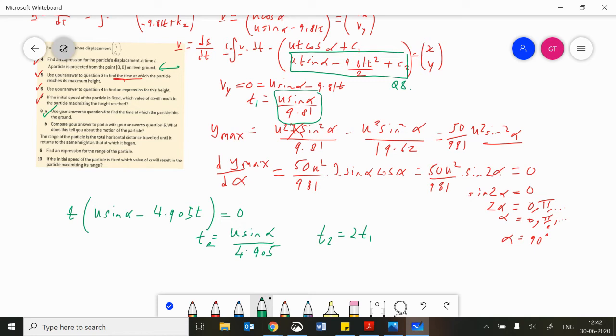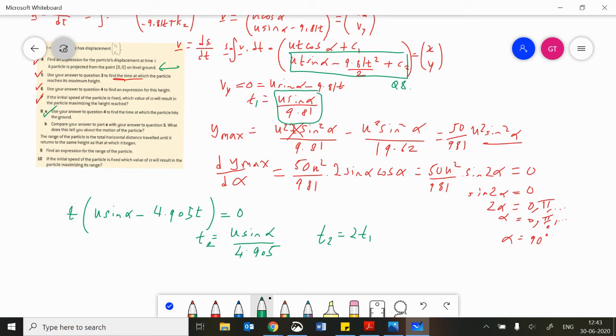Well, it tells us that the time to get to the top is the same as the time from the maximum height to the bottom. In other words, this is a symmetrical distribution. I'm probably not going to write all of that down, but hopefully you understand that. So this is a symmetrical quadratic graph.